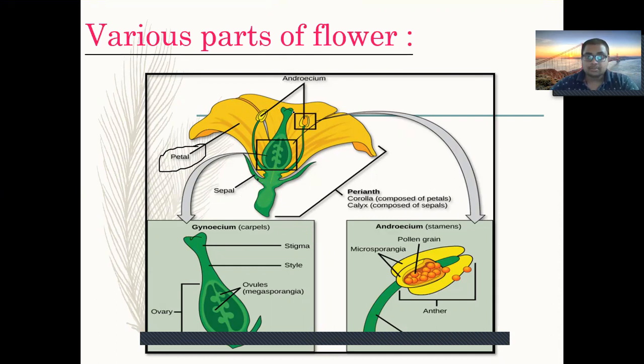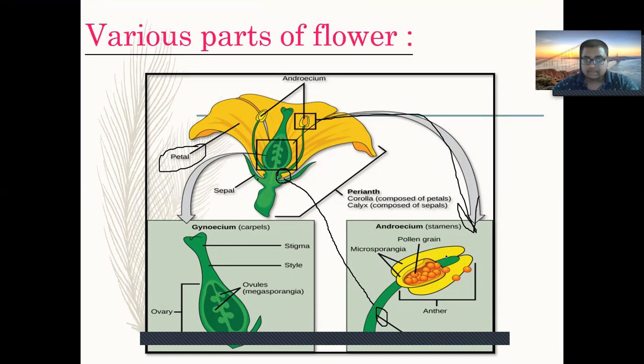Then there is androecium. So this androecium, the highlighted image is shown over here. This is androecium, and androecium is held together with the help of filament at the base of the flower. Here you can see this. So here at the base of the flower, this filament holds this androecium together. Now androecium has anther and filament.